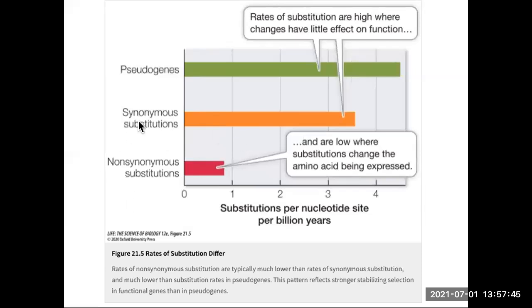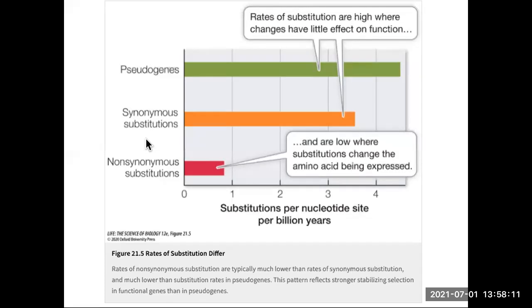And these are much less common because they are selected against. So when you change a protein, you just put a random amino acid in there, substitute out an amino acid, it is more likely than not going to make the protein less functional. So it's not going to be as good at its job. Maybe it'll just be slower.